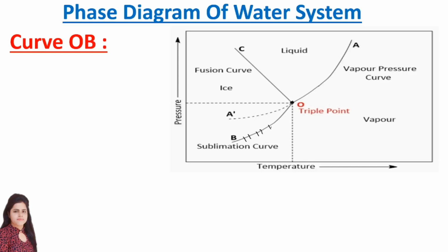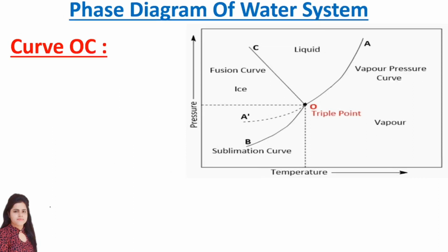Next is the OB curve. This is the sublimation curve. Sublimation means that ice can change into vapor, that is, solid is in equilibrium with the gaseous state. So again two phases are there, and again we write the formula C minus P plus 2. Single component, two phases, so again you get univariant.